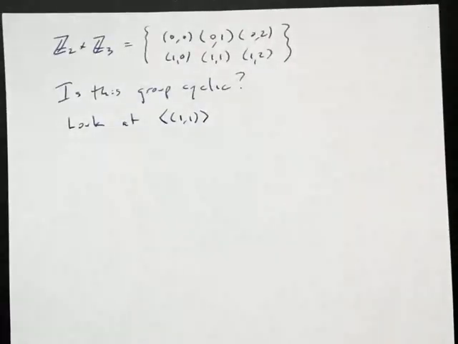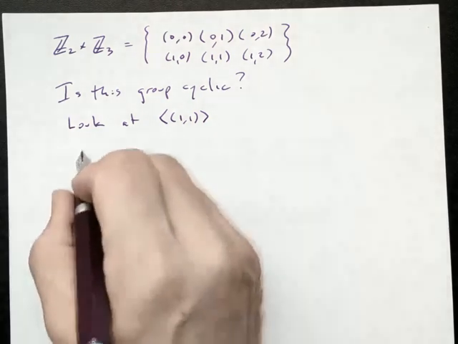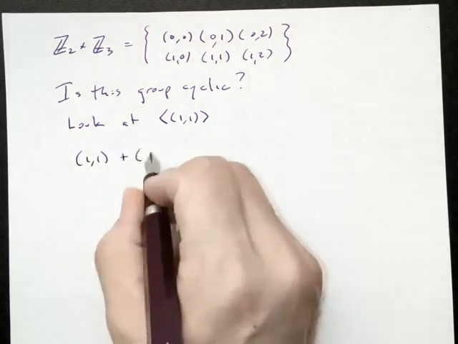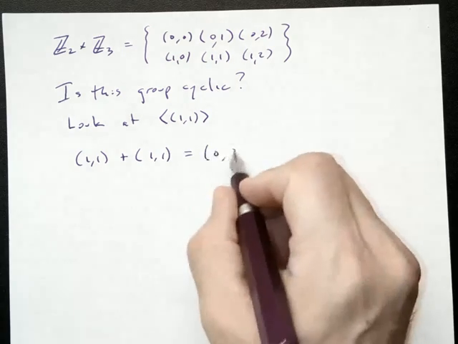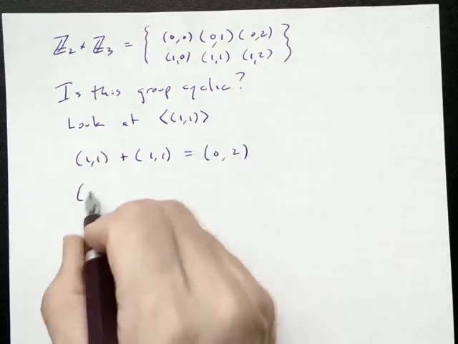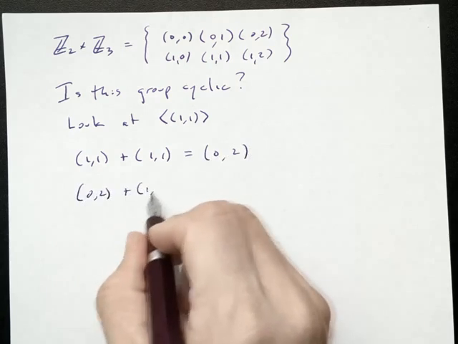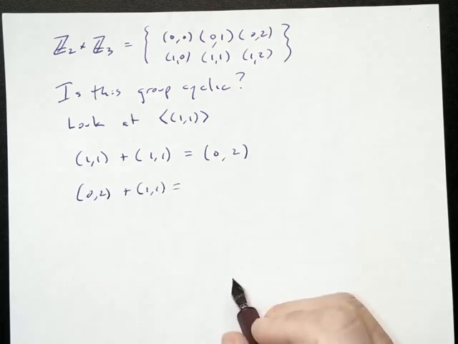Now remember, my operation is addition, but in the first component, it's addition mod 2, and in the second component, it's addition mod 3. So when I add, I have to add carefully. So you get 0, 2. Great. So if I add 1, 1 again, 1, 0.